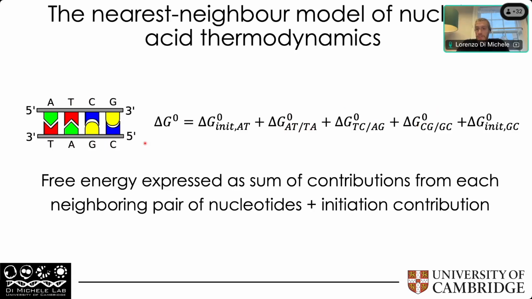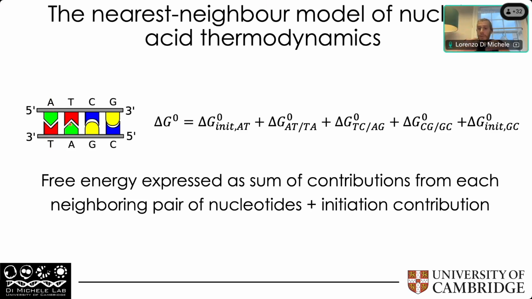So you might ask why this is the case, and the answer is that you have this very big impact of stacking interactions. So if you are a certain nucleotide A, it doesn't matter only that you are paired with a T. It also matters what's on your left and what's on your right, because you will have stacking interactions with those other nucleotides.